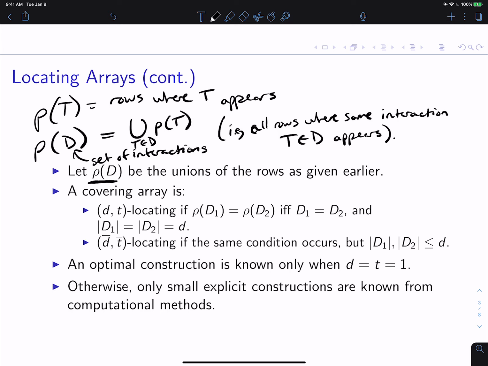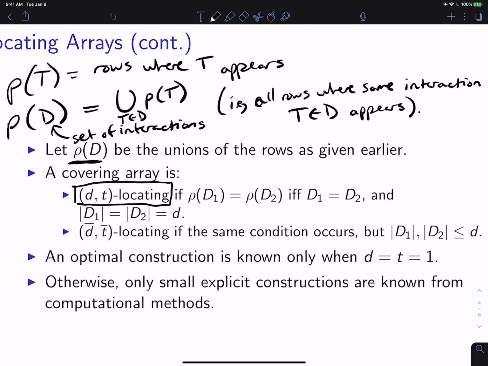And then finally, a covering array is D,T locating. So D and T are the same as before. D is the size of the set of interactions to compare. And it's the same idea, except here we force the sets that we pick to have size exactly equal to D, because it's often easier to work with when the sets of interactions have exactly the same size.